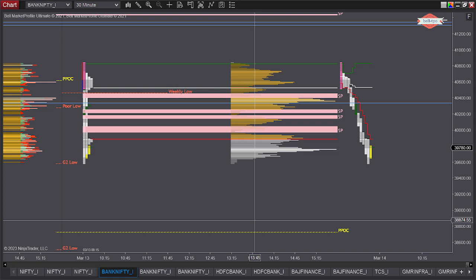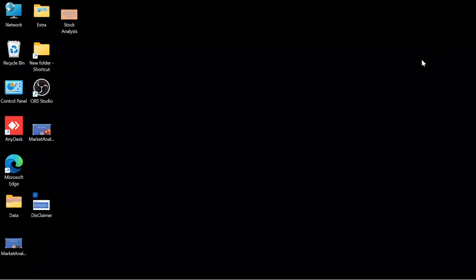So this is the order flow, and this is the market profile. Very basic video, no strategies, nothing, but just to explain what it is, how you can trade with it, and how you can take informed decisions. So that's it, nothing more.